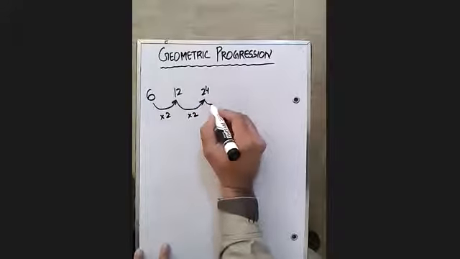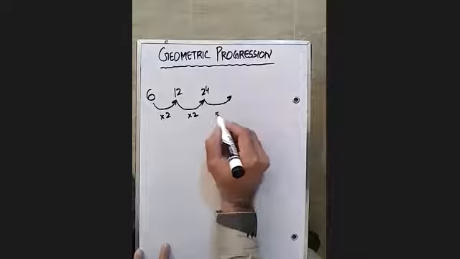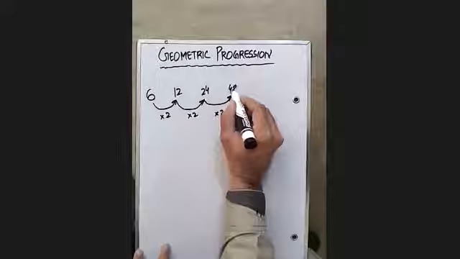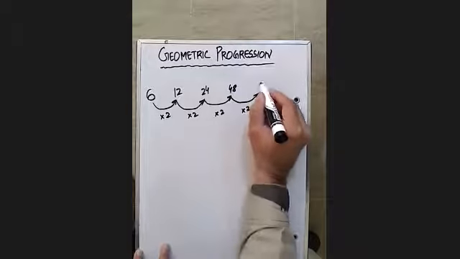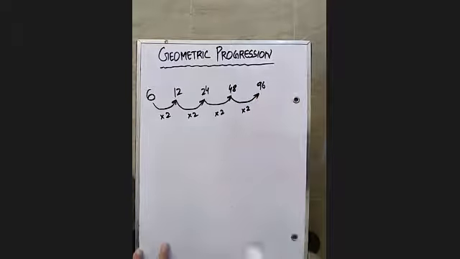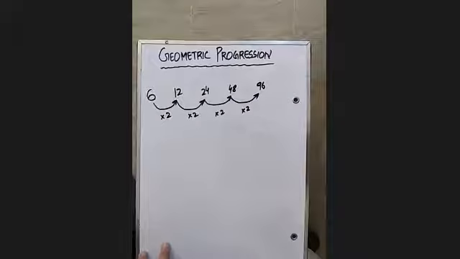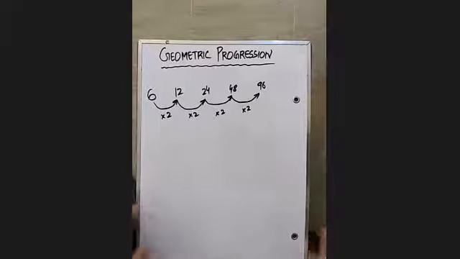If I multiply again by 2, this is 48. Again multiply by 2, that will be 96. This is called geometric progression. That you multiply by a specific number and you get another number, a sequence, is called geometric progression.